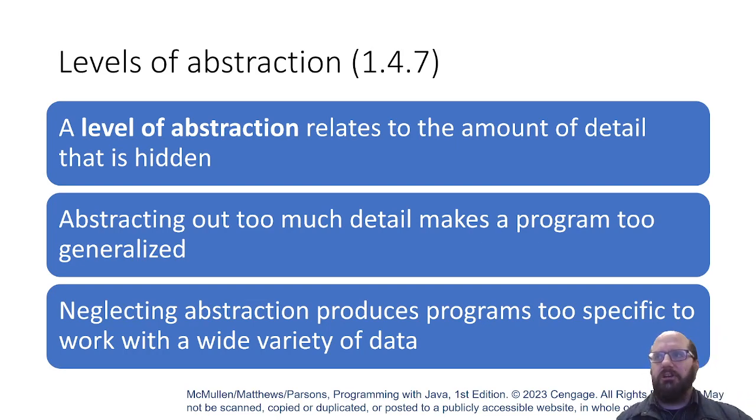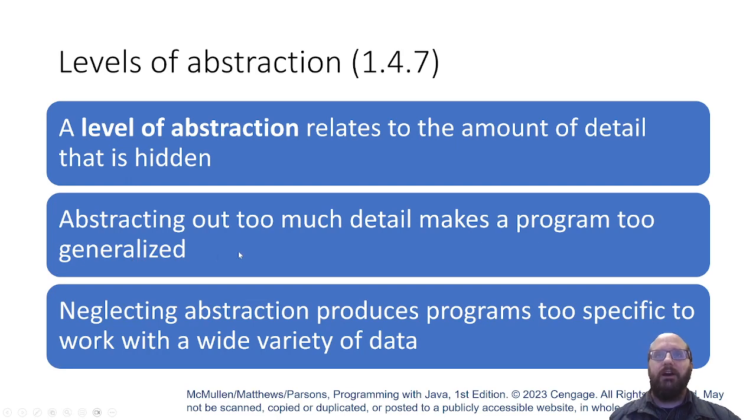Neglecting abstraction produces programs too specific to work with a wide variety of data. The idea is this: if I have to have my user pour in their own gas and make their own fire, the car is pretty inefficient. But allowing the ignition switch to happen makes it much easier to handle. If we abstract out too much, a user might not know how to turn the car on at all.